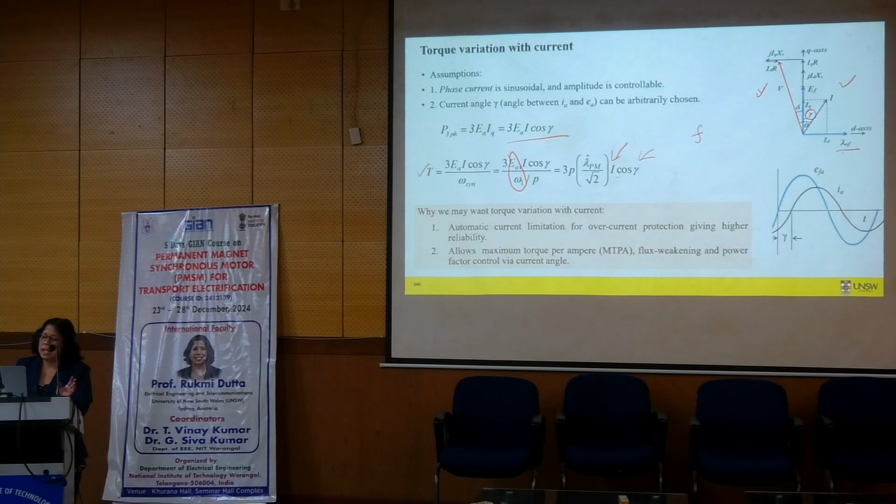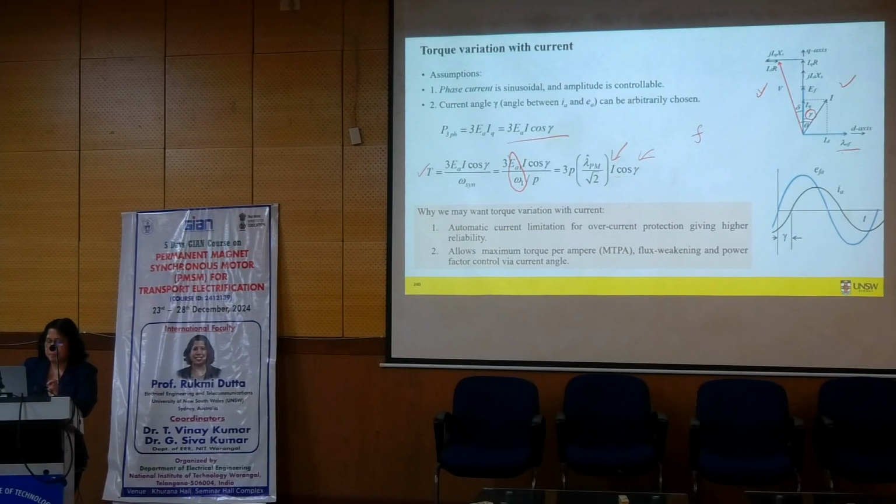Okay, in high performance motors, if you want to do this type of current control, you actually may need a current source inverter. The voltage source inverter may not be able to do it properly. So for PMSM in traction drive, we cannot actually use this simple method.